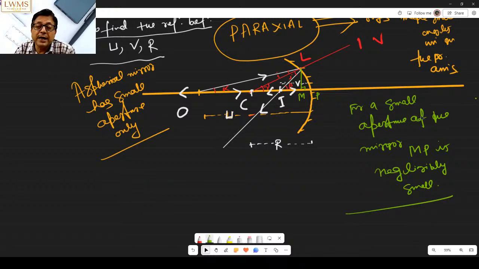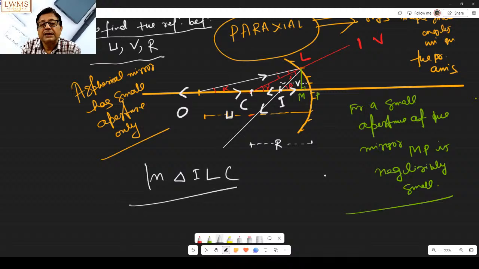Hope all of you can see the diagram properly. In the diagram, what do you observe? This triangle, I am writing here, in triangle ILC, this beta is the exterior angle, you can see that.